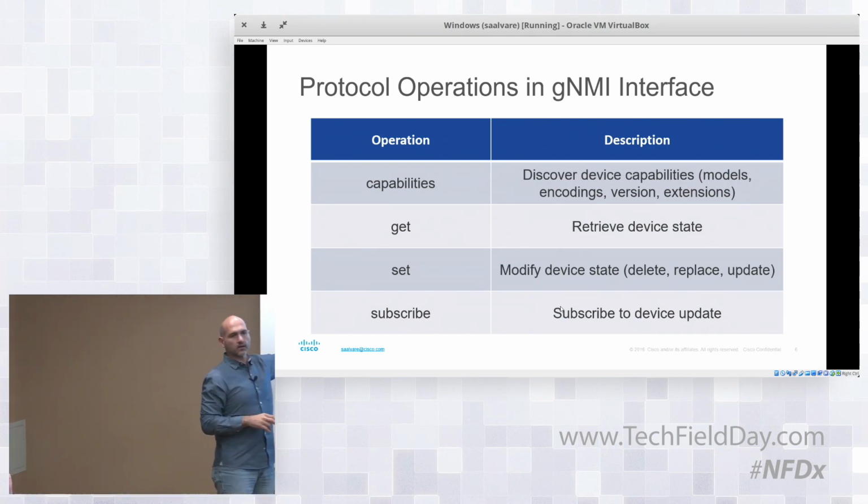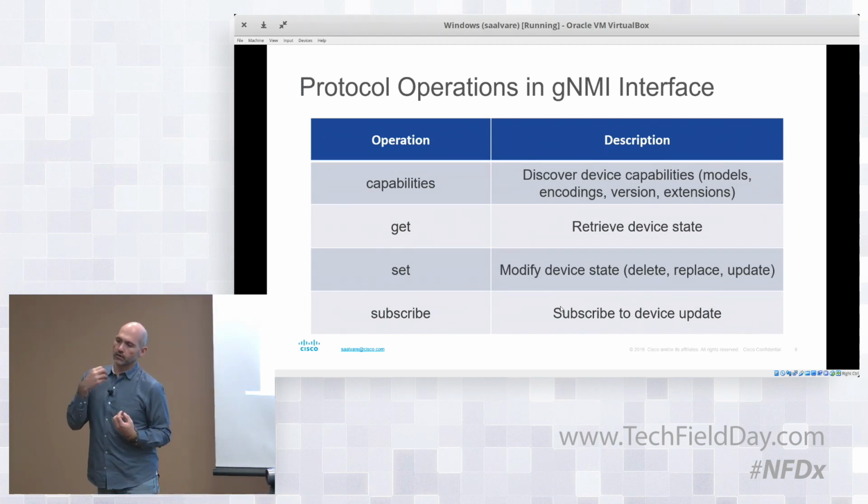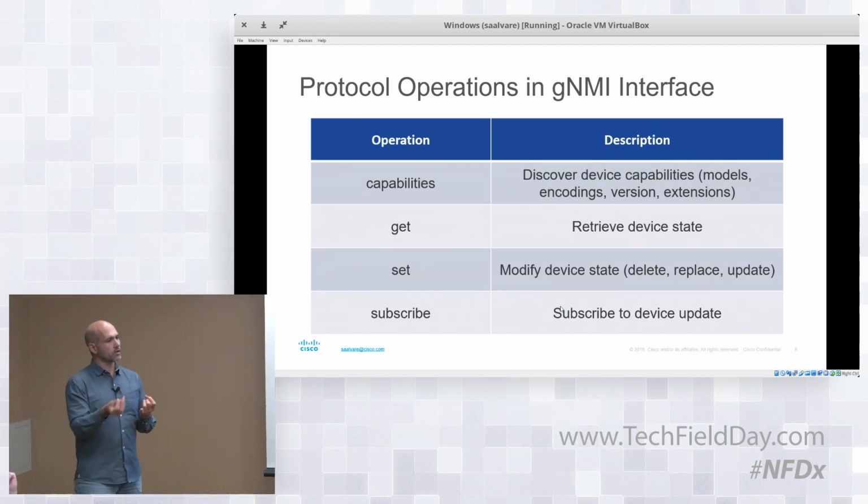You have 2 basic operations, a get and a set. The get allows you to retrieve either configuration, read configuration from the box, or read operational data from the box. Maybe I want to read what's the current BGP configuration. Maybe I want to read what's the current state of an interface. Okay?